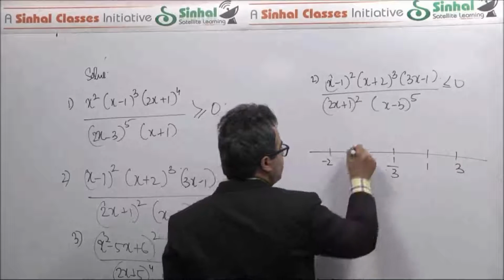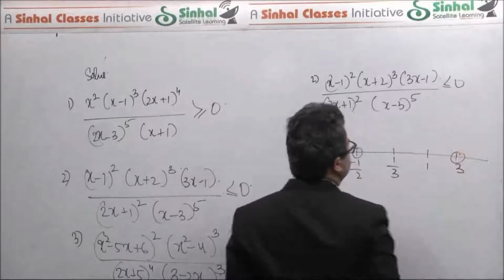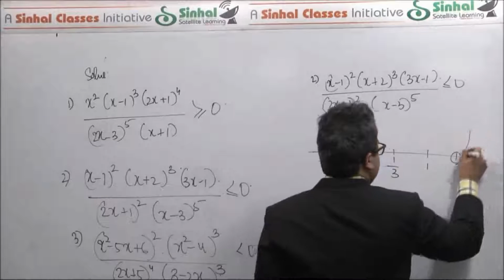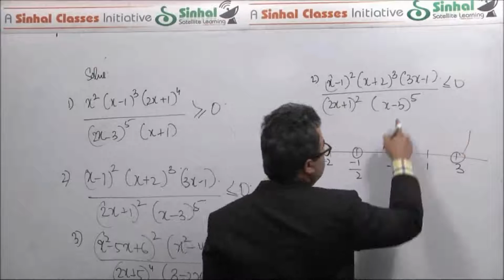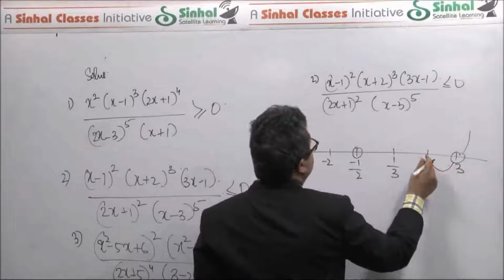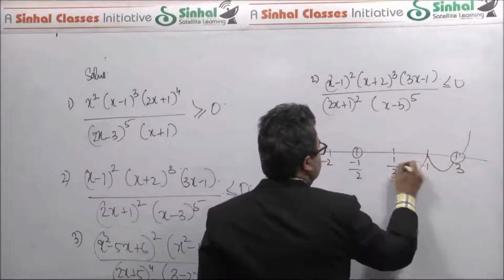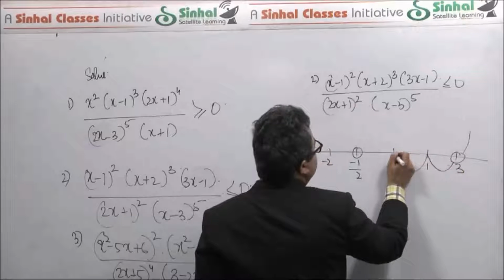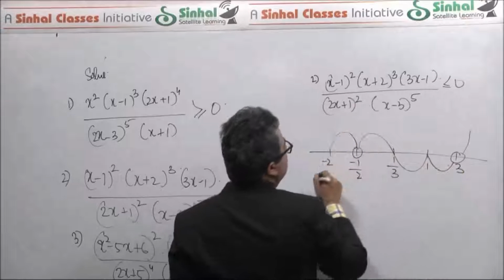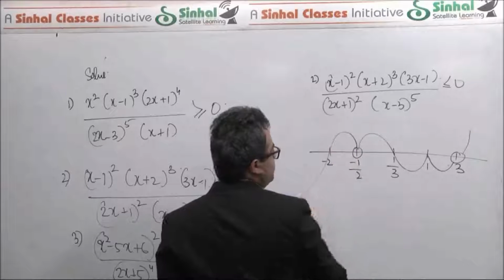Of these, -half and 3 come from the denominator. At 3, the power is odd, so you'll cross. At 1, the power is even, so it bounces back. At 1/3, it is odd, crosses. At -half, it is even, bounces back. At -2, it is odd, so it crosses.